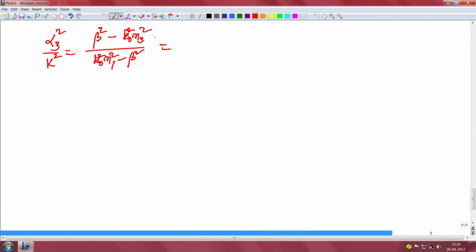But here instead of n2 we have n3, and our definition of b has n2. So, let us convert this into n2 by adding and subtracting k0 square n2 square.